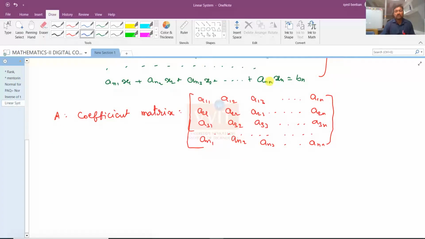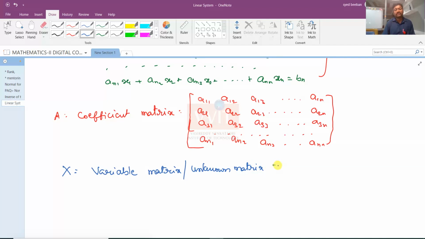Now x is the variable matrix or unknown matrix, which is x1, x2, x3 and so on up to xn.